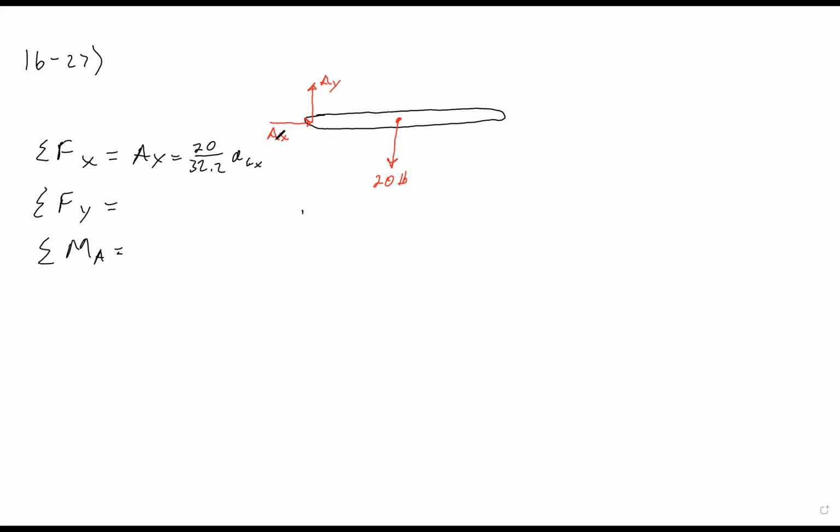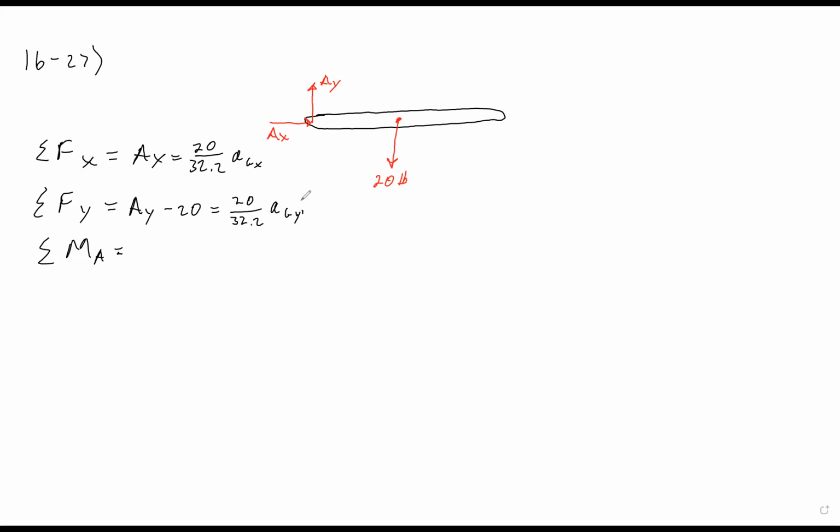The sum of the forces in the Y are going to be AY minus 20 pounds, equal to the 20 pounds divided by the acceleration due to gravity to calculate our mass, and then the acceleration of gravity in the Y direction.